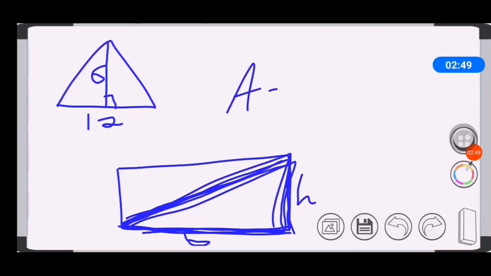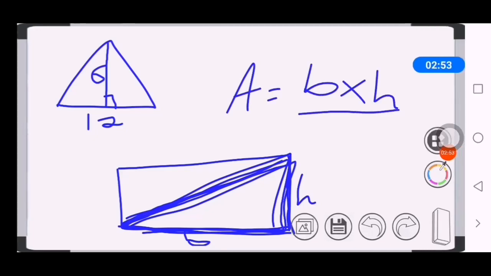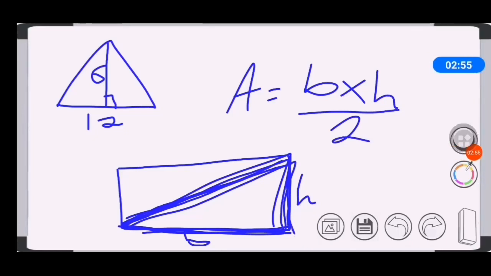So the area of a triangle will now be the base times the height divided by 2. The reason is that the triangle is taken from half of a rectangle or a parallelogram, any of those shapes, even a square. Okay, so let's look at this worked example I gave you.